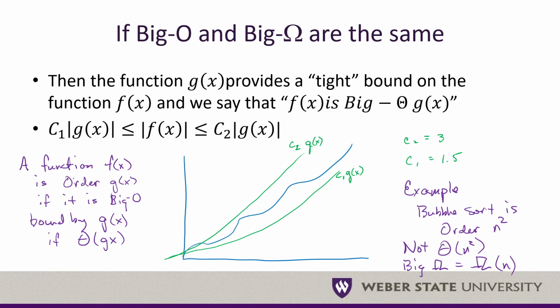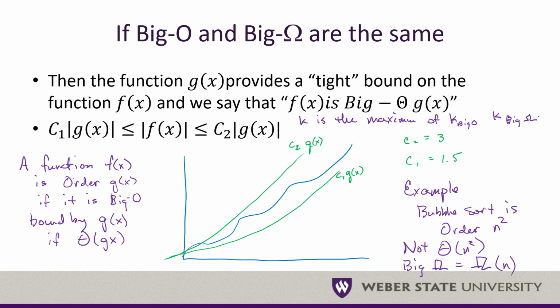It says for every value of k bigger than some set value. And I guess that's one other thing I forgot to put here is that k is the maximum of the k for the big O and the k for big omega.